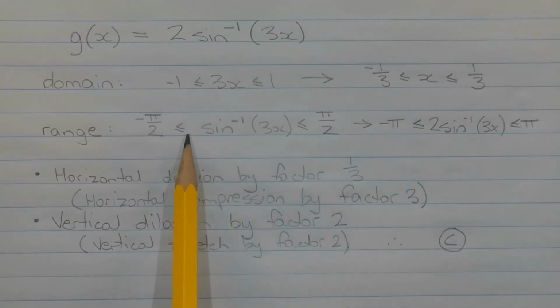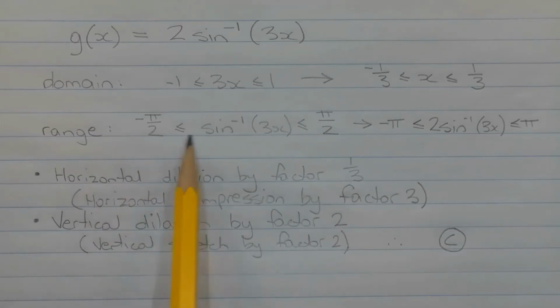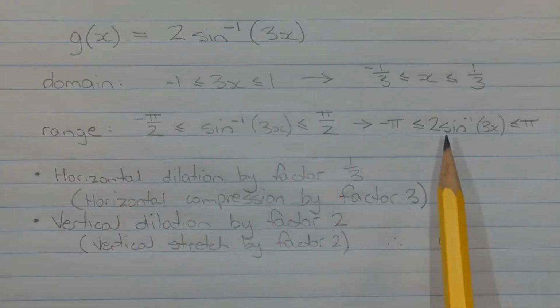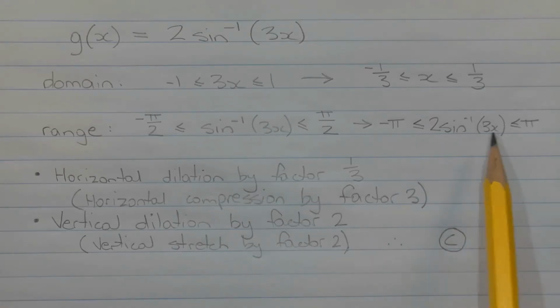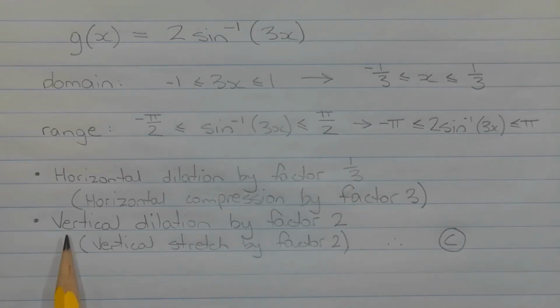Now we want 2 times inverse sine of 3x to match the function here. Multiplying all terms of this three-way inequality by 2 so we can achieve that, we get 2 times inverse sine of 3x has to be greater than or equal to -pi and less than or equal to pi. So what's occurred here is a vertical dilation by factor 2. Worded a different way, it's a vertical stretch by factor 2. Therefore, the correct answer is option C.